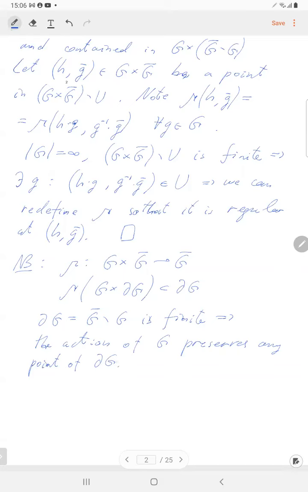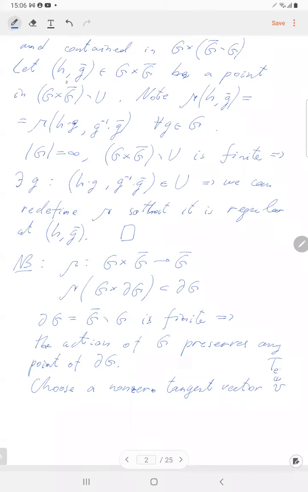And then, now choose a non-zero tangent vector V at the origin, so to say.